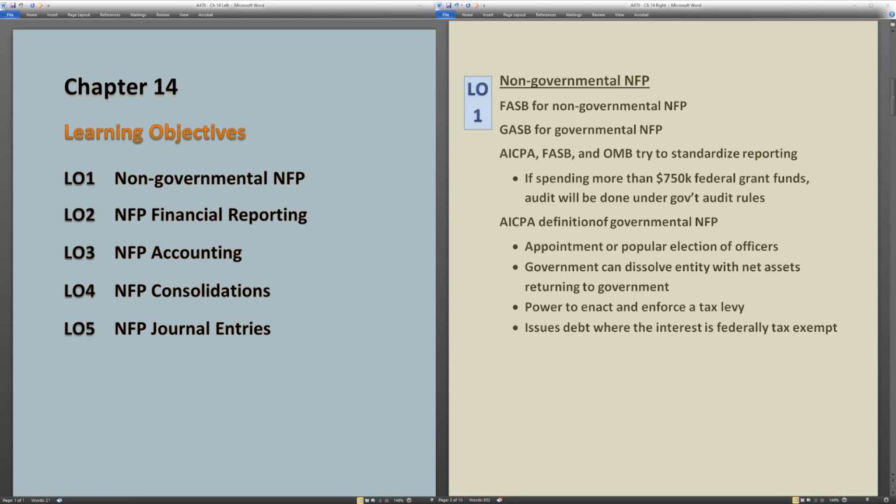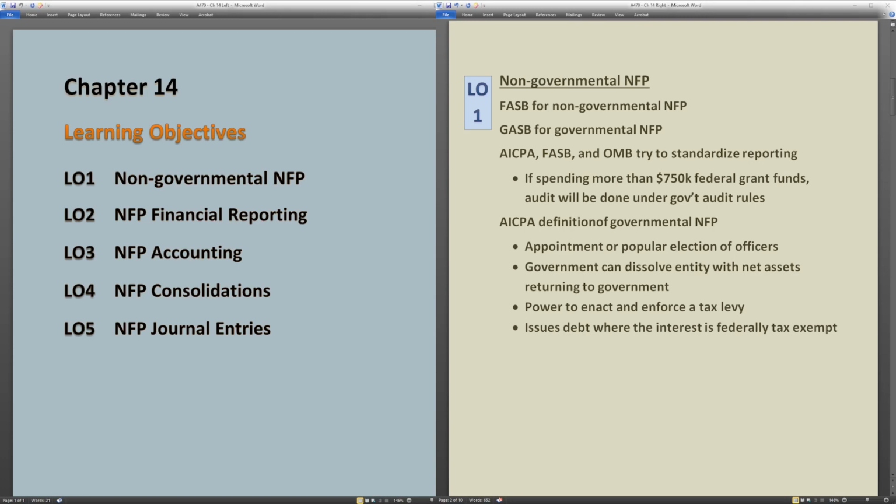moving the nonprofit part of the textbook up a little bit gives you a chance to understand the nonprofit part, and then as we go through more chapters on the governmental side of things, you have at least a basis for comparing and contrasting.